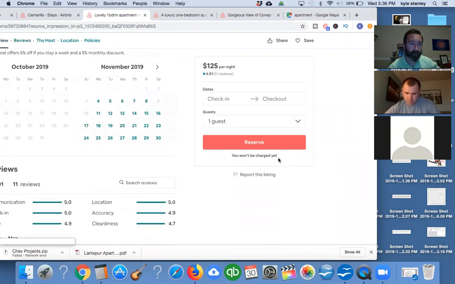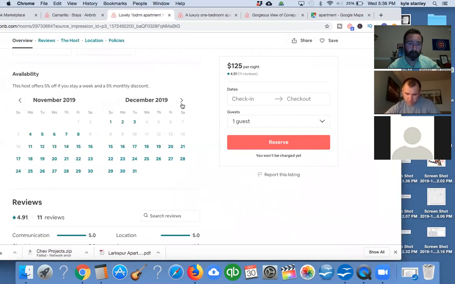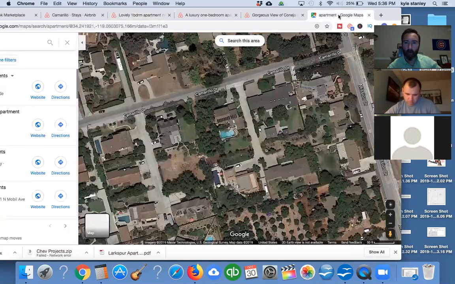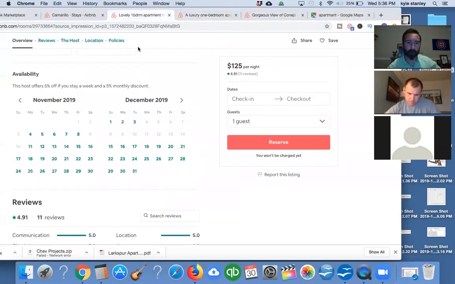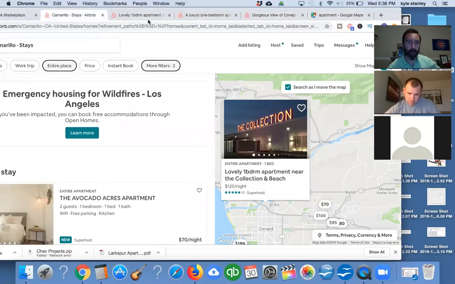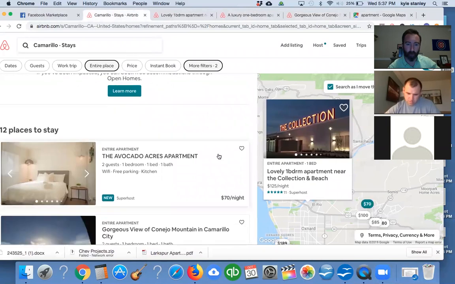Most of the apartments would be along Las Posas or near the freeway. Well, let me do something really quick because it doesn't have to be an apartment. What I'm really looking for here is I want to see a lot of dates in November booked up.